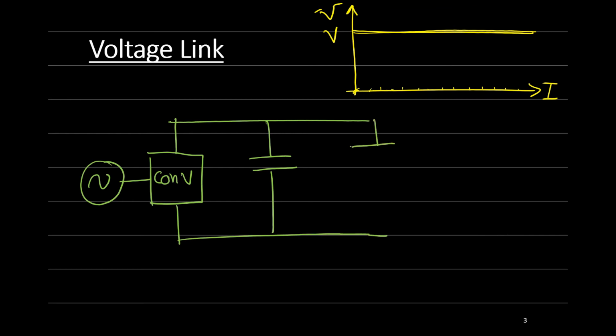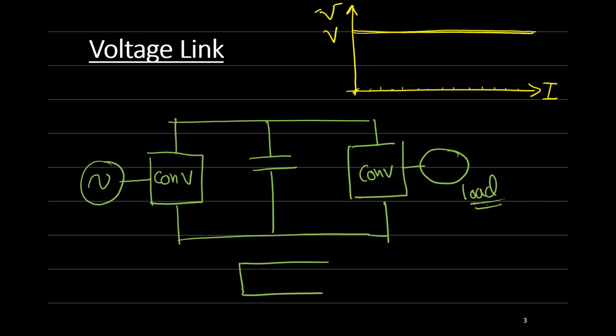And here we have another converter, and usually this is supplying a load, and this load of course can change its current, but it can be operating only at a constant voltage source. And usually here we have a controller, and as we said, the controller can take or give information to both the input and the output.